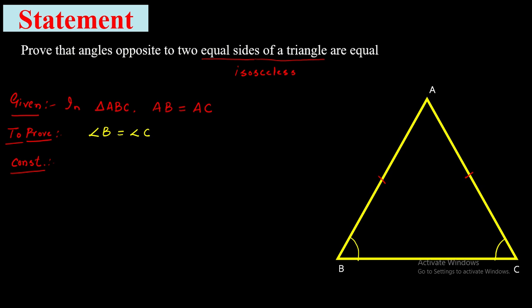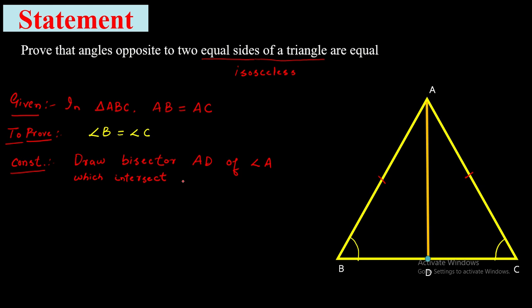Through A, we will draw a bisector AD of angle A, which intersects BC at D. So this is our bisector.